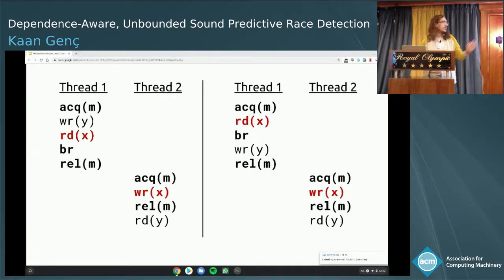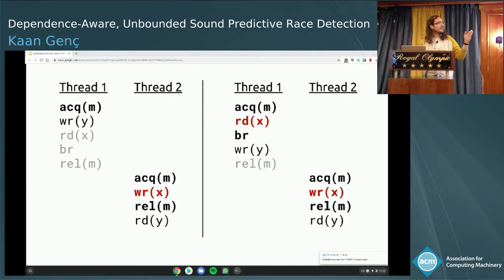If you look at what's inside the critical sections, again, we have read-write conflicts, and we have the location of the branch. The location of the branch ends up being very important because, again, we only care about things that are leading up to a race and not after the race. What that means is, on the left, the branch event is an event we don't really care about because it comes after the race itself.